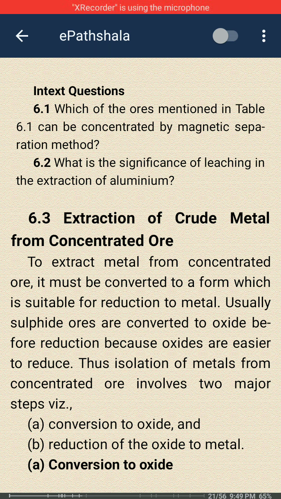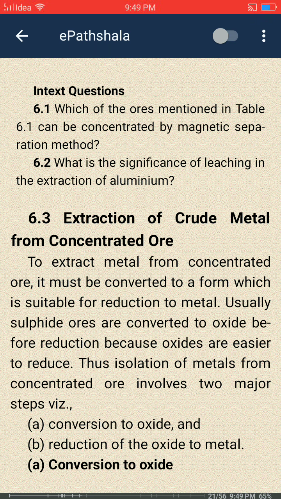Thus, isolation of metals from concentrated ore involves two major steps. First one is conversion to oxide and second one is reduction of oxide to metal.